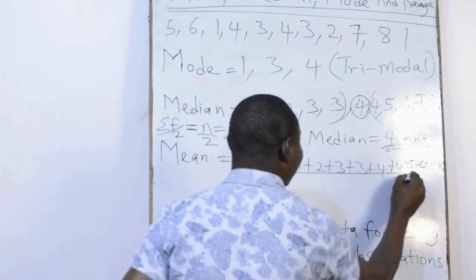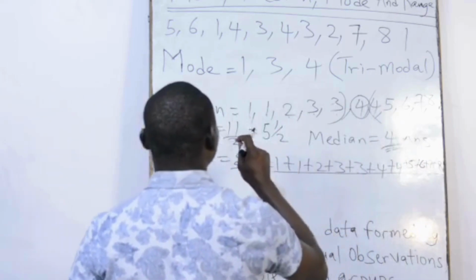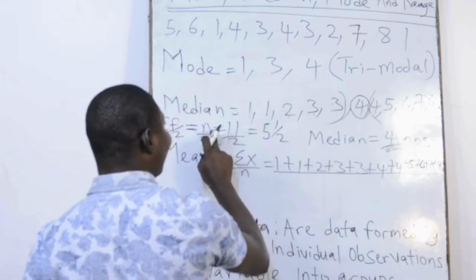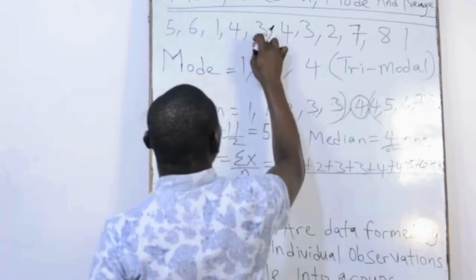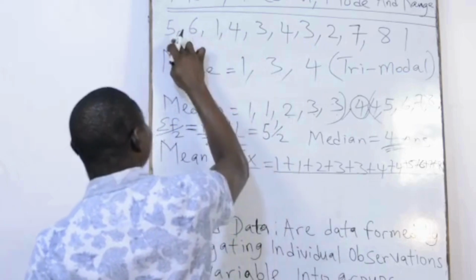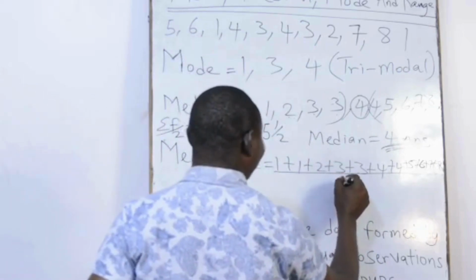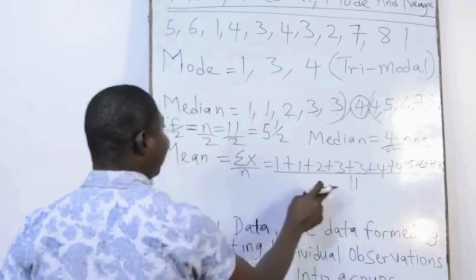Everything is divided by n, which is 11 already: 1, 2, 3, 4, 5, 6, 7, 8, 9, 10, 11. So our n is 11.